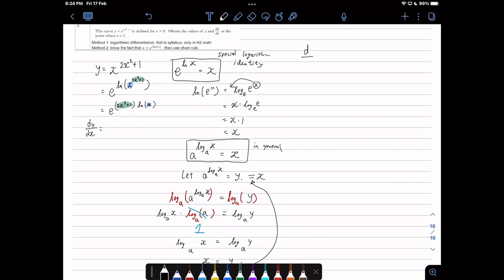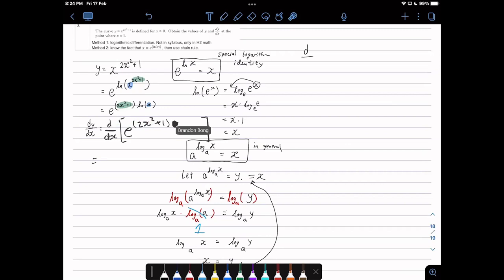Okay, now dy/dx. Wait, the ln x is wrong. The font size is wrong. You should put it at the same level as the power, right?